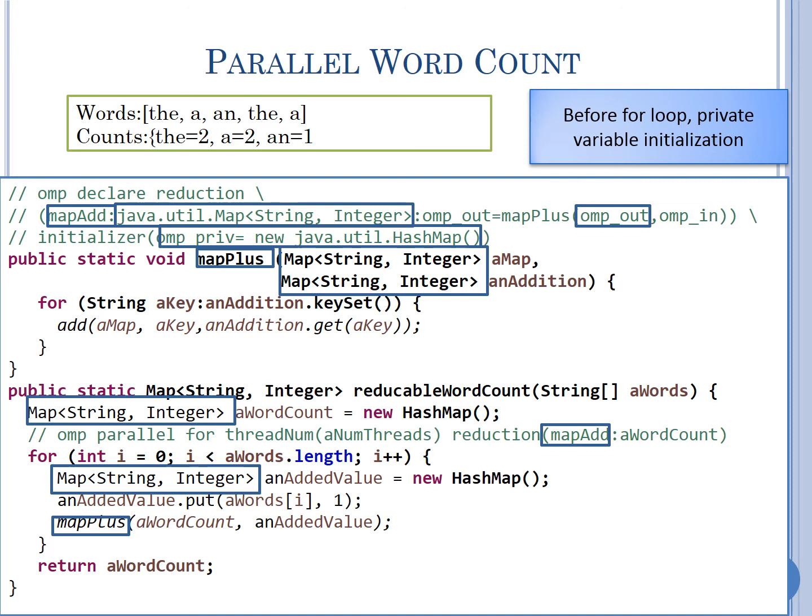So whatever you tell me is the position of the output variable, if the first is the position, then I will go and put my output variable in the first position. If output variable occurs in the second position, then I'll put it in the second position. Okay, and OMP in will be the other position. Okay, so out is this particular variable, and in is the added value.